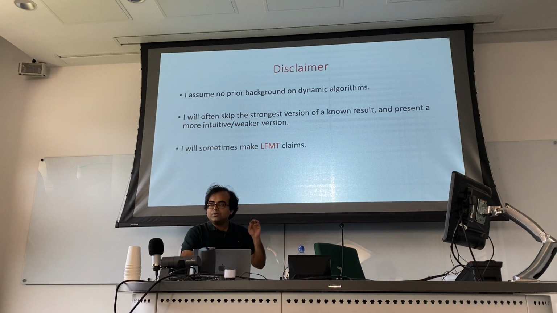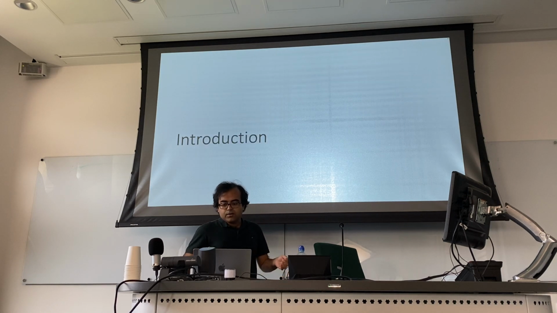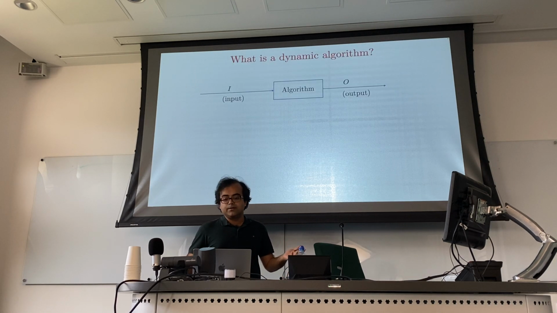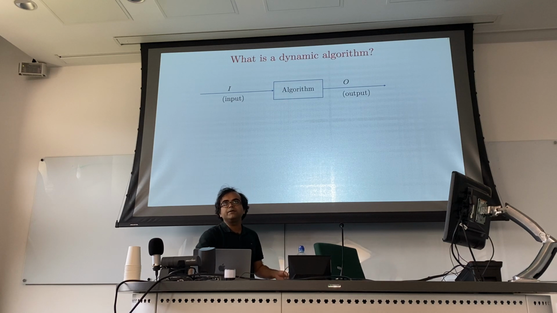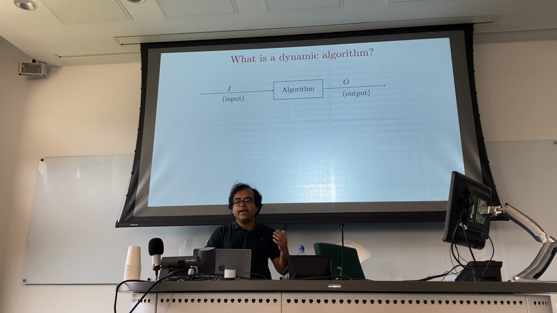Okay. So now let's start with an introduction. What is a dynamic algorithm? Take your favorite computational problem and take any algorithm for it. Suppose on a given input I, the algorithm comes up with an output O. In the dynamic setting, we ask what happens if the input changes by means of a small update.